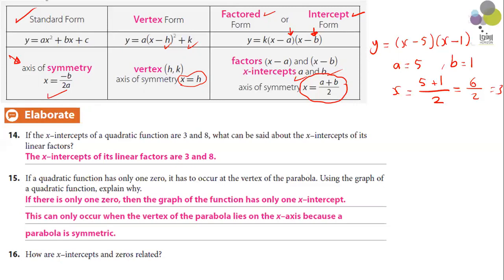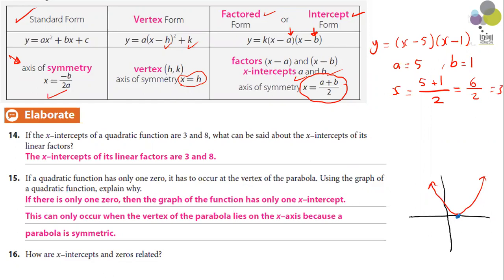Okay, let's do number 15. This graph represents when a quadratic function has only one zero. In this case, the vertex lies on the x-axis, because the graph will touch the x-axis at one point like this.